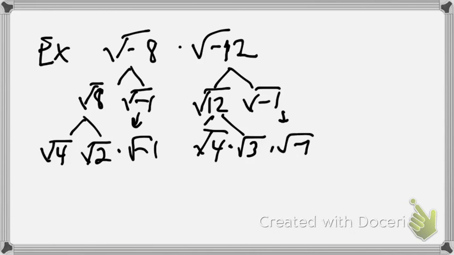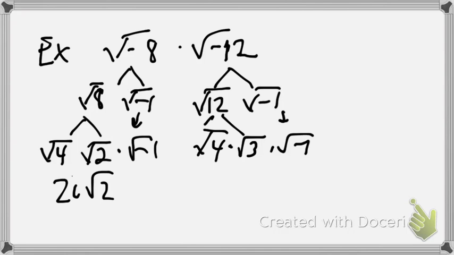Now what we can do is say, okay, square root of 4 is 2. Square root of 2 cannot be simplified further. And then the square root of negative 1 is i. So really this simplifies to 2i square root of 2.